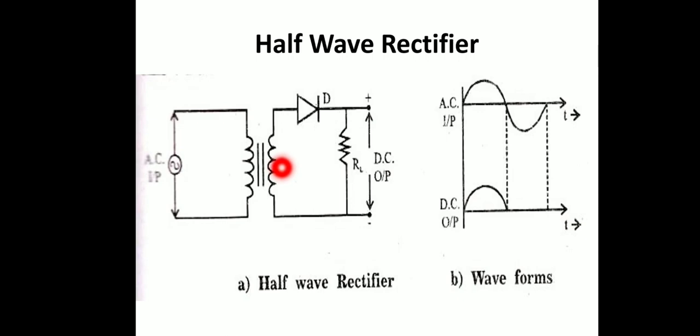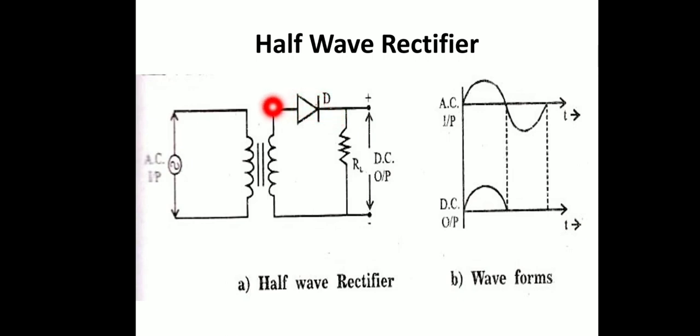When the AC current reverses its direction, when the polarity changes, here is the negative and here is the positive. So you can show it in a diagram like this. The diode is reverse biased, which means current cannot flow from the negative, that is, from cathode to anode.